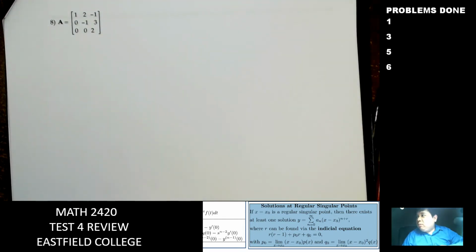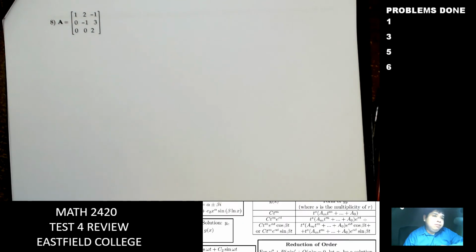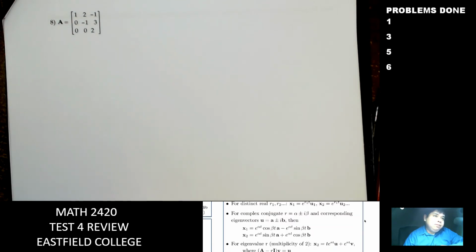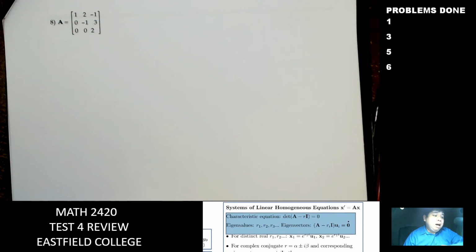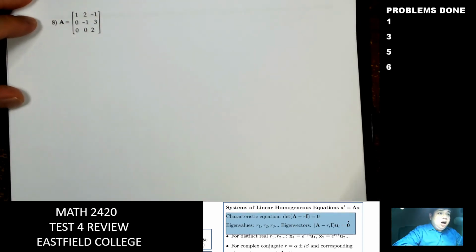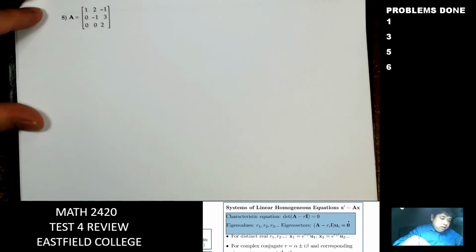So let me go into the material needed. Right here, we need to have the characteristic equation and find the eigenvalues and eigenvectors for that. So first we find the eigenvalues from the characteristic equation.